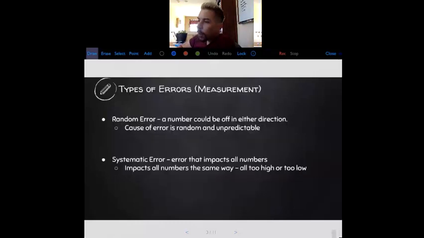So the first thing we want to talk about are the different types of errors when we're dealing with measurement. There's a random error, which is obviously what it says. It's random. It's completely unpredictable. There's not really any rhyme or reason to it. We just know that it's off in some way. Usually when that happens, there's not really any consistency with it.